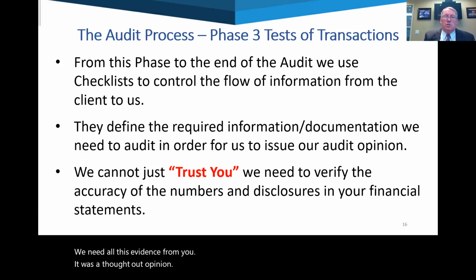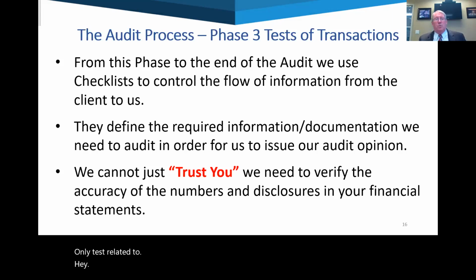What the checklists do at this point in time is not ask you to define your flow of information, your processes, who does what, how do you actually write a check, and how do you pay a vendor. We understand that. We will go through this in phase three, the test of transactions, where we test transactions related to what we understand of how you operate.